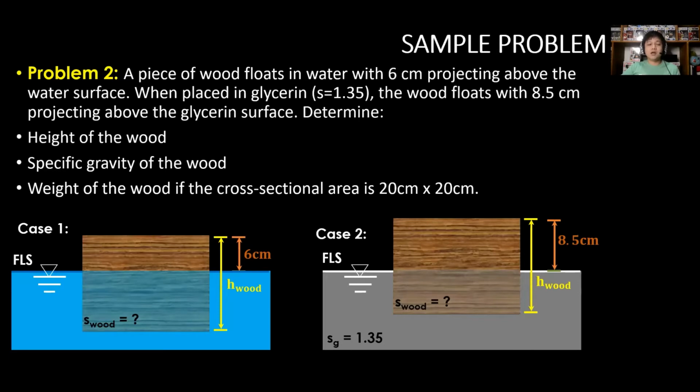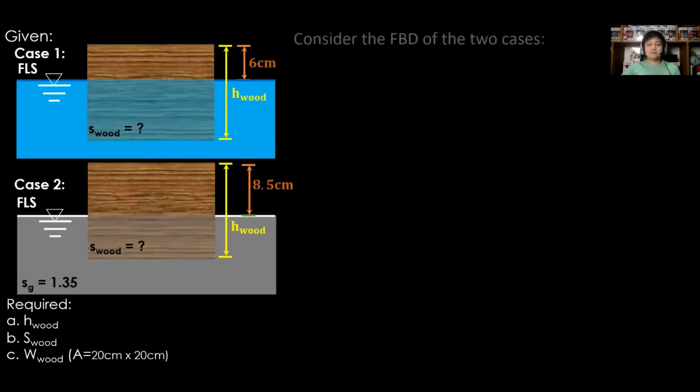So determine, first, height of the wood, second, specific gravity of the wood, and last, the weight of the wood if the cross-sectional area is 20 centimeters by 20 centimeters. Again, we are dealing with the same piece of wood but different fluid samples. So consider first the FBD of the two cases and assign the weight of the wood and buoyant forces. We have BFW for water and BFG for glycerin.